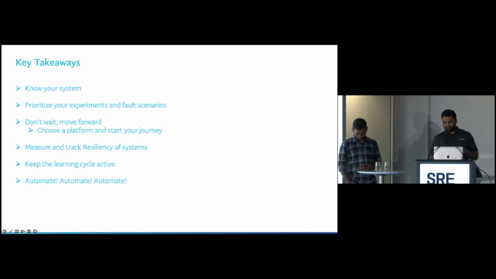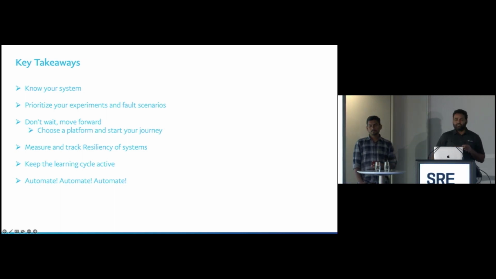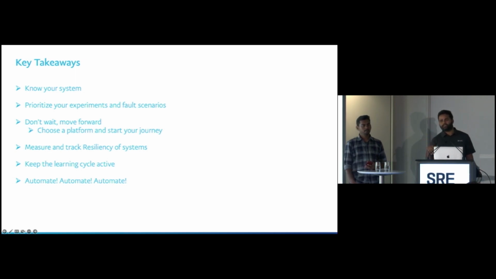Usually, even in our firm, whenever we conduct a game day, we do an internal postmortem within the chaos team on any learnings from that game day, especially if you are doing any manual stuff. Figure those out and make sure that by the next game day or experiment, you automate some of that.